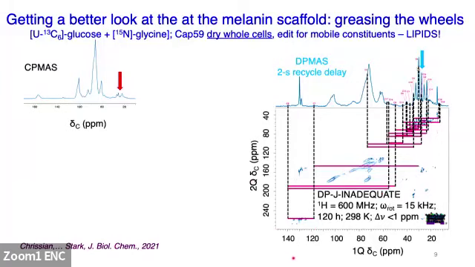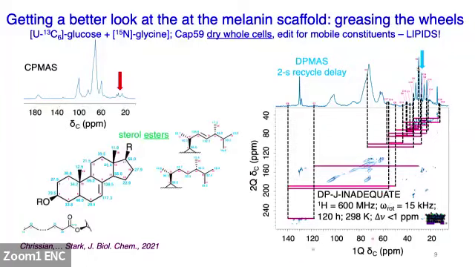In fact, we can identify by reference to the published literature what these are. One example is that all of these that I've marked off tell us that we have these two particular sterol esters, neutral lipids esterified.